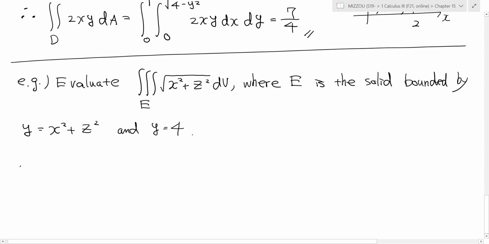Here's the answer. For this, it's better to visualize the picture, and it's not too difficult to visualize the solid E.